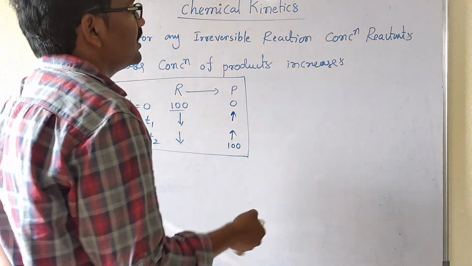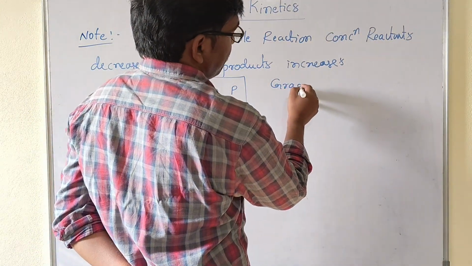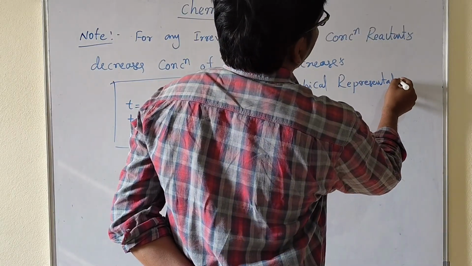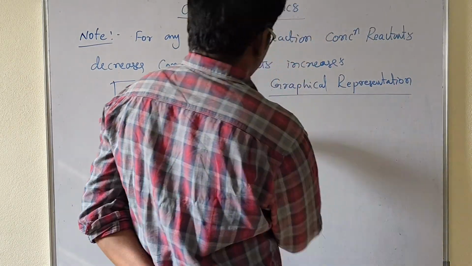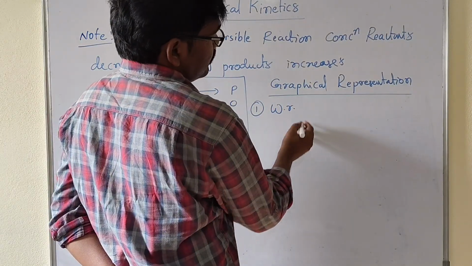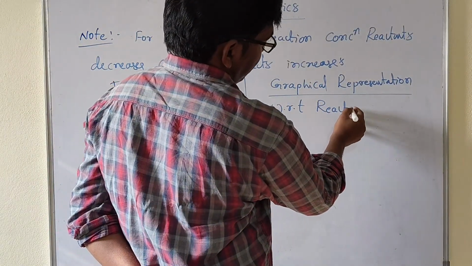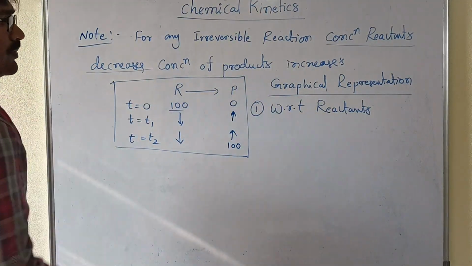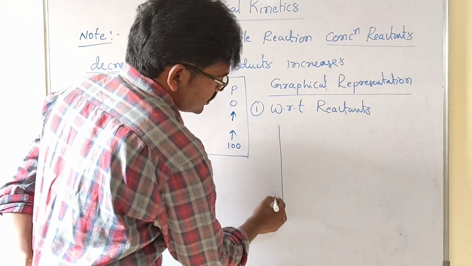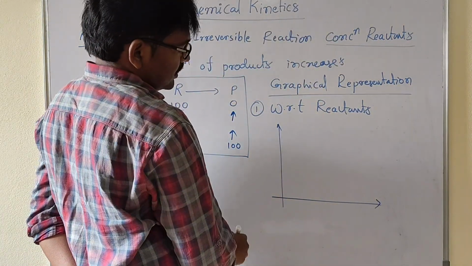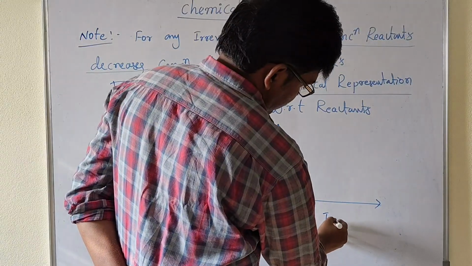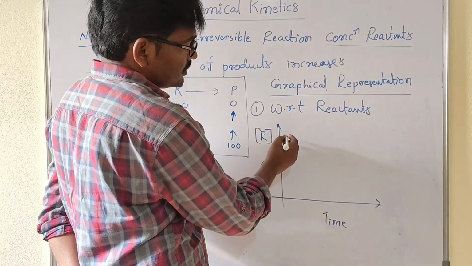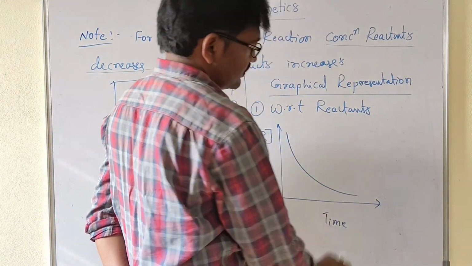In case of graphical representation, first with respect to reactants: in an irreversible reaction, the concentration of reactants decreases.